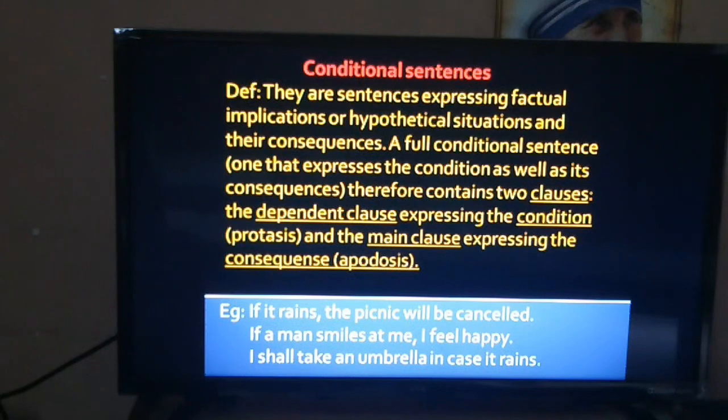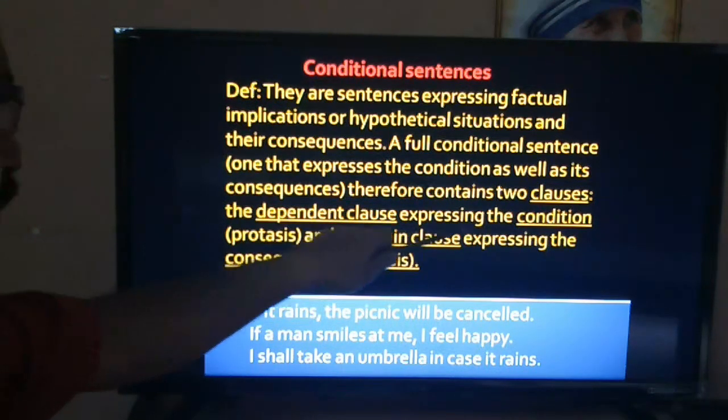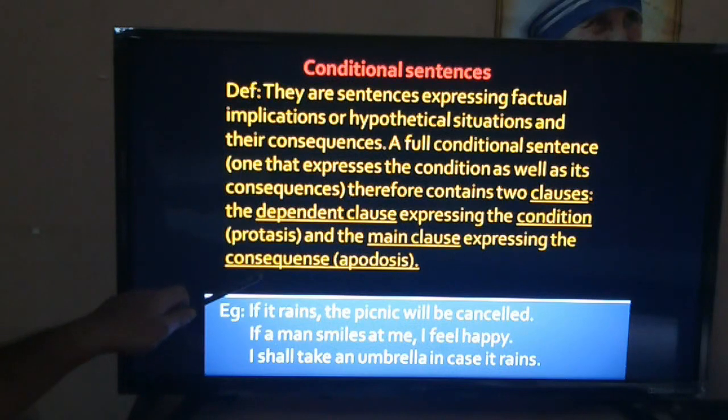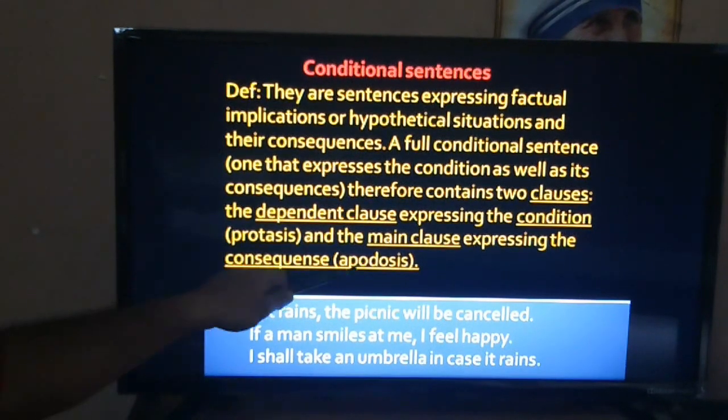The dependent clause expressing the condition with if is known as the protasis, and the main clause expressing the consequence is known as the apodosis. So in a conditional sentence we have protasis and apodosis.